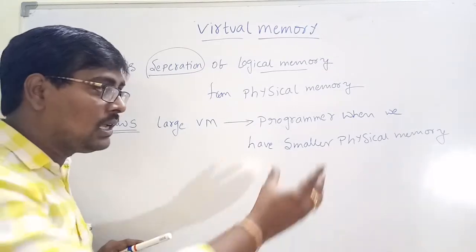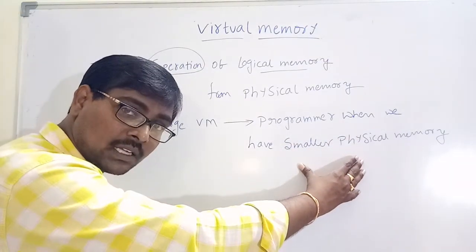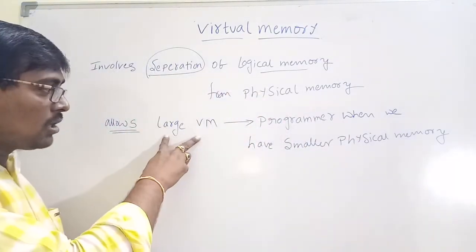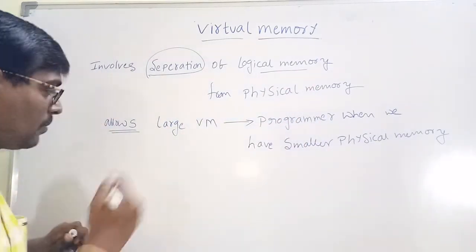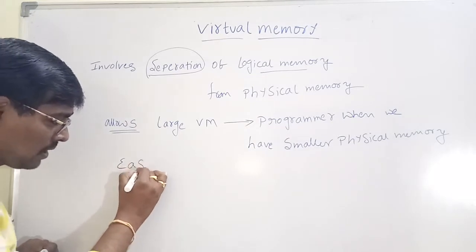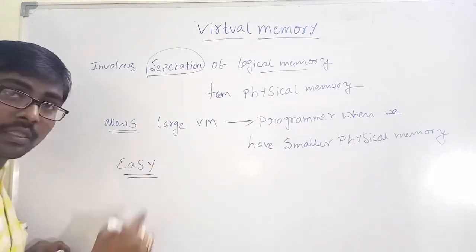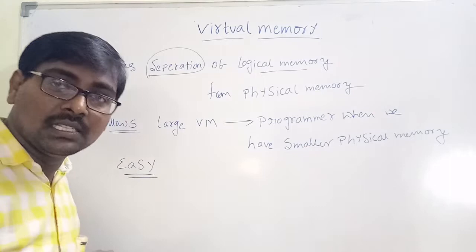Suppose only a limited amount of physical memory is available. In that case, a large virtual memory is provided to the programmer for solving the problem. That means it simplifies the task, and programming becomes easy.